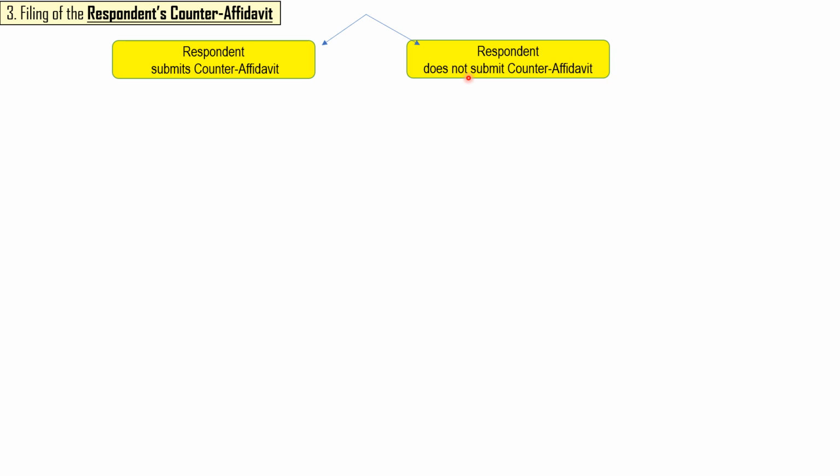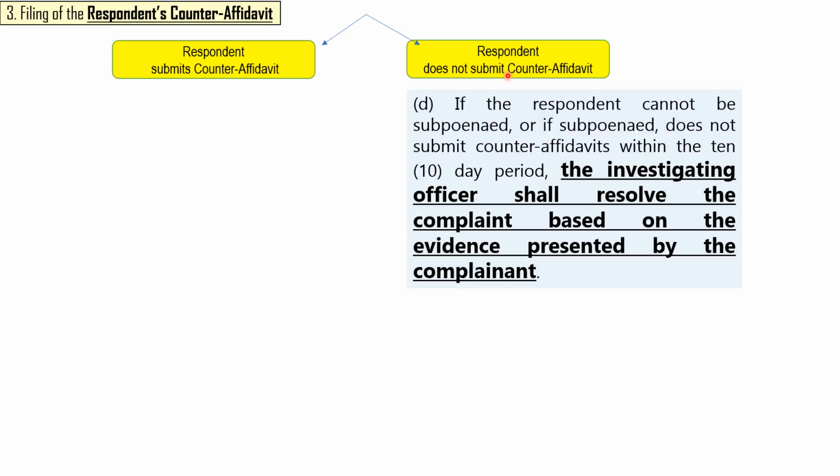Answer is definitely no. Because if the respondent, ilang beses ko na yan inulit, if the respondent will not submit his counter affidavit, still your investigating officer or your investigating fiscal will still resolve the complaint. And what would be the basis of his resolution? That would be based on the evidence presented by the complainant.